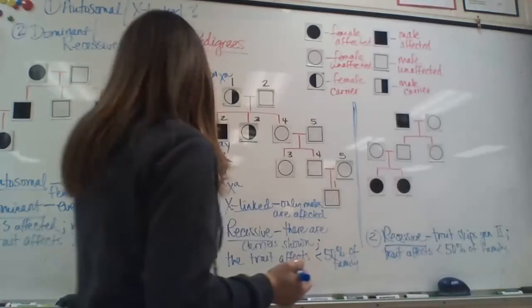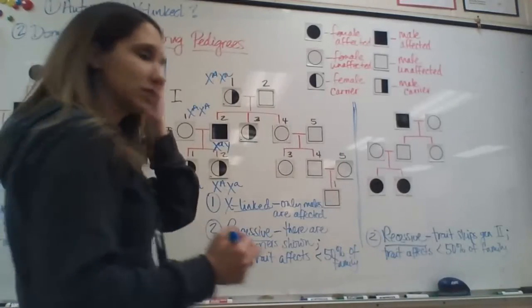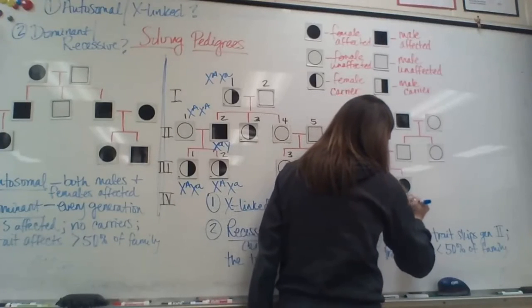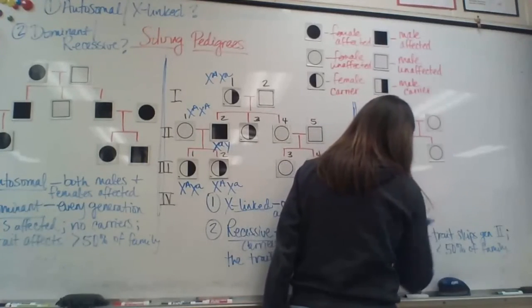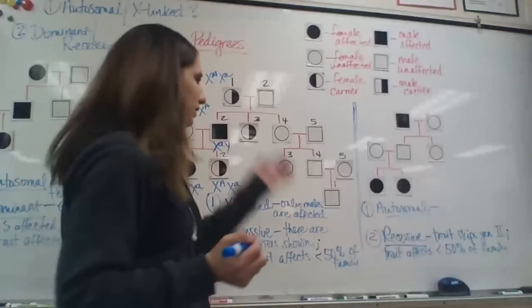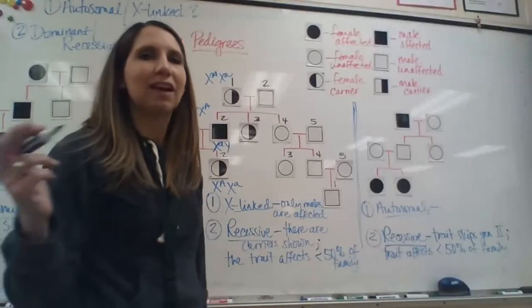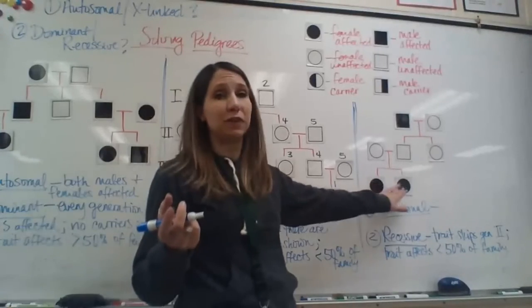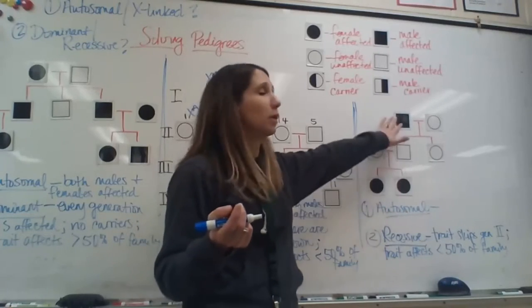All right, and then in terms of the first question, autosomal or X-linked, I can try and infer that from this one too. So again, you want to ask yourself for autosomal, who's affected in this case? And I guess I just wrote down the answer. That was silly, but you want to ask yourself who's affected in this case. And I can see right here, I have 2 females that have it. I have 1 male that has it.